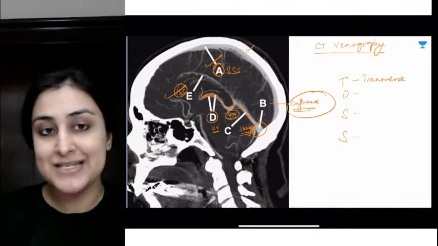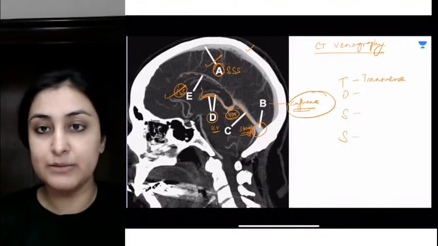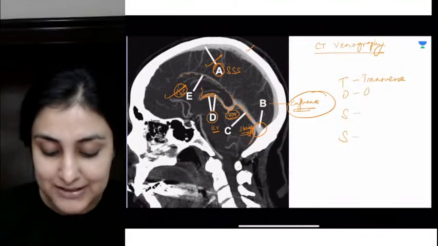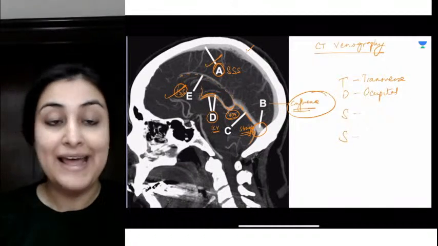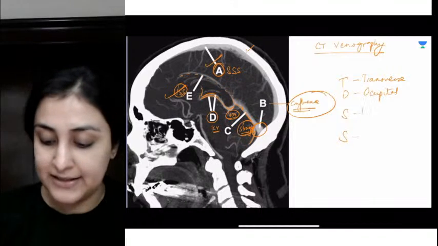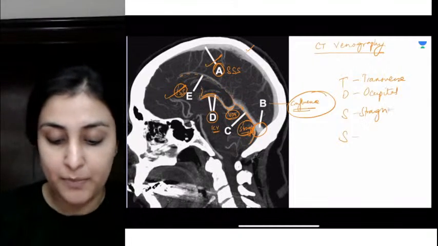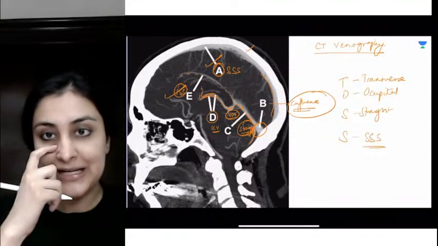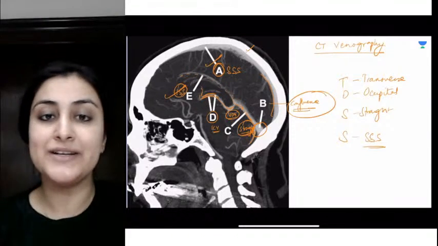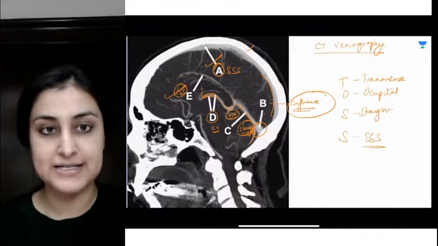Bilaterally, I won't see it on a sagittal image, I'll see it on an axial image. From behind, a small sinus comes, which is occipital sinus, right? So occipital. S for straight sinus here, and one from the top, which is superior sagittal sinus. Got it, everybody? So this is how the dural venous sinus anatomy can be tested for us.